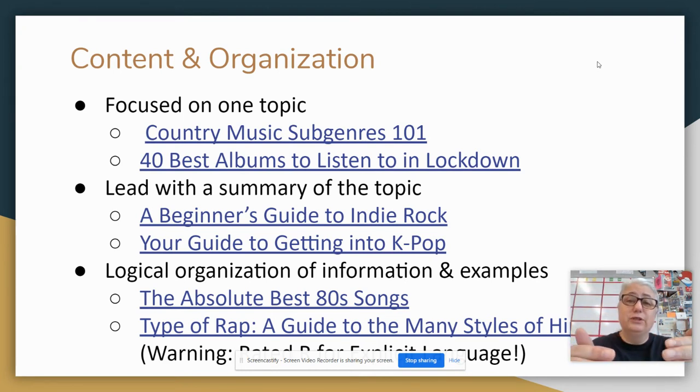And from that first step, what was the second step? What was the third step? It really depends on what your topic is that will determine what the sequence or the organization of your writing is going to look like. There are two examples there of guides, although warning, the type of rap does include some explicit language.